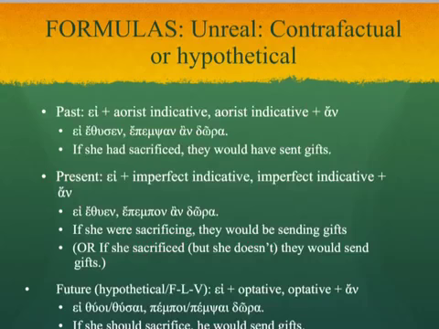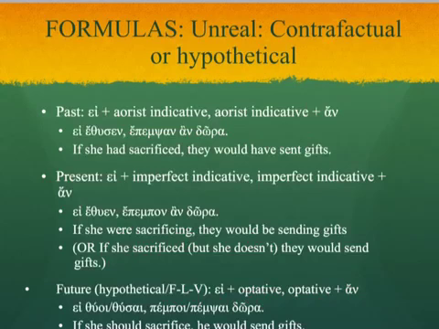And then the future version of this, again, as I said, it can't be contrafactual because there isn't really fact in the future. But the more hypothetical version is called the future less vivid. That's what FLV stands for. And you do that one using ei plus the optative mood in the protasis and the optative plus an in the apodosis.